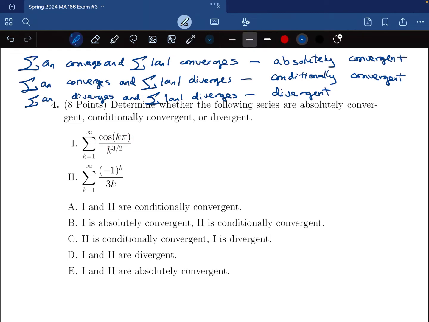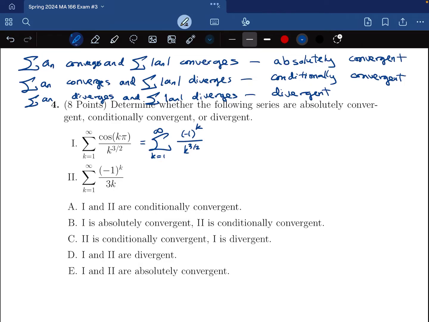However, we can notice that cosine of k times pi is essentially equal to -1 to the power of k, because cosine of 1 pi is -1, cosine of 2 pi is +1, and that pattern repeats for all integers. Cosine of 3 pi is -1, and cosine of 4 pi is 1. So we can rewrite cosine of k times pi as -1 to the power of k, and the denominator will stay the same.